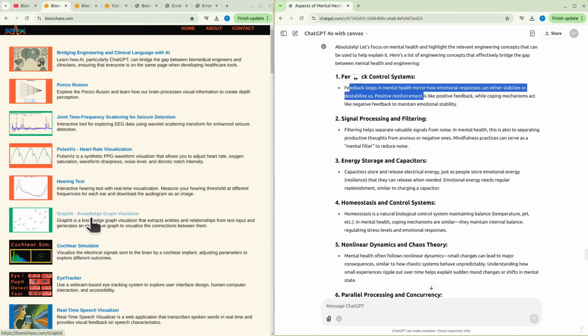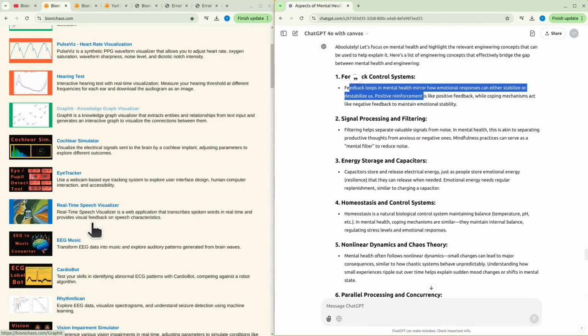So, can we add more engineering tools and data, perhaps data visualization tools, data processing tools? One example is the knowledge graph. Another example could be the engineering concepts behind music, or converting time series data into music by filtering.